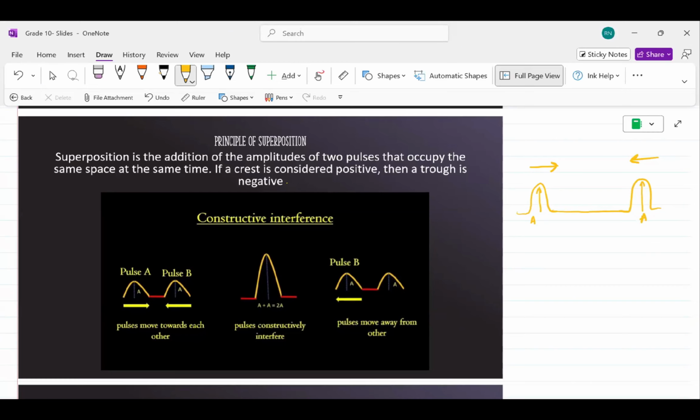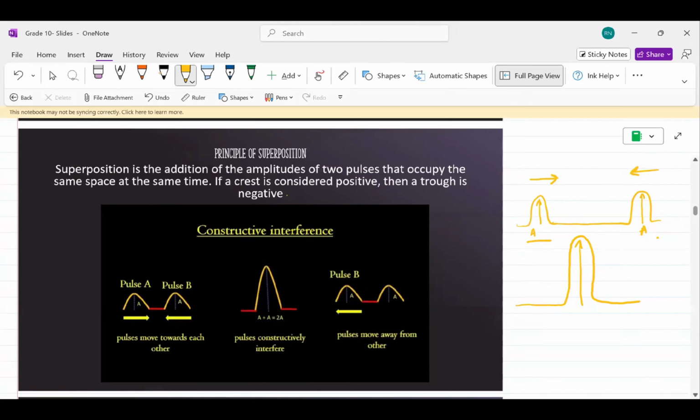So this will create one bigger wave, right? When these 2 come together, they're going to collide and form a bigger wave. The size of the amplitude for this wave is just going to be the amplitudes of the individual waves added together, right? So here, our amplitude is going to be A plus A, which is going to be 2A.